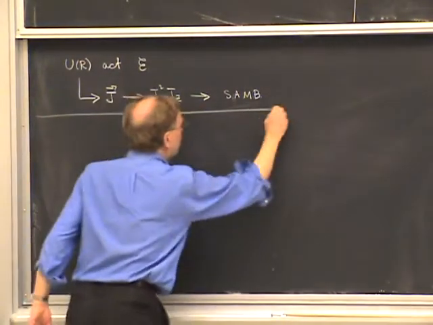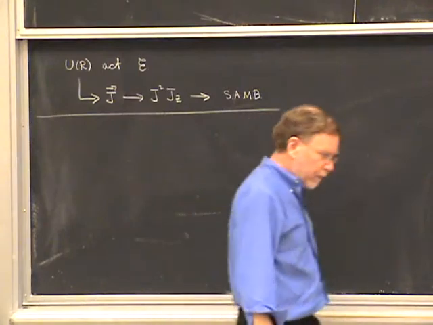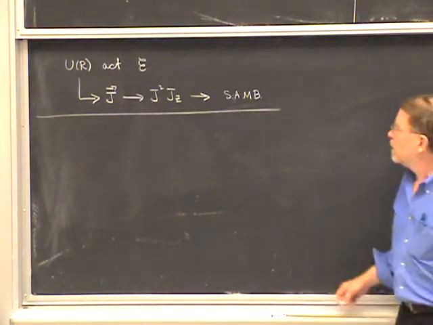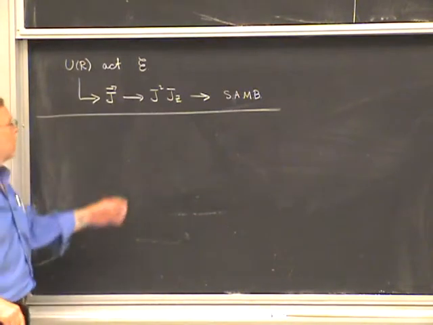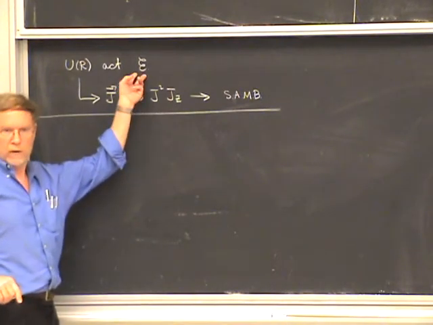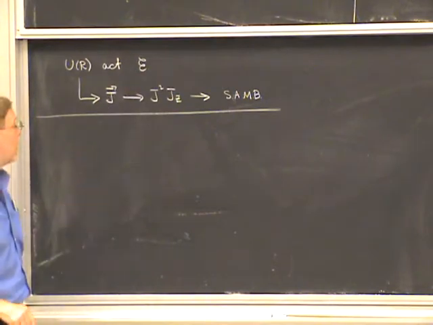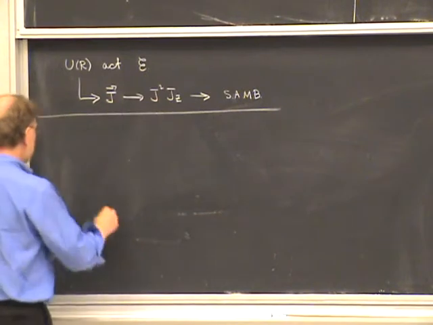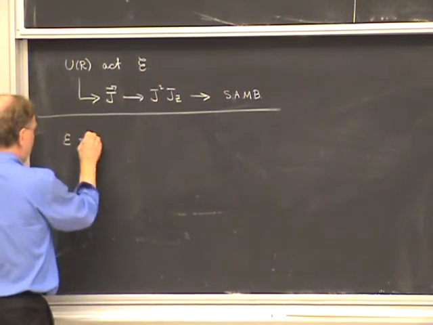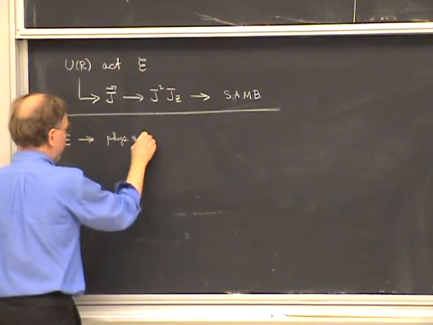Now, this general program can actually be applied to any vector space upon which the rotations act. It does not have to be a space of wave functions, that's to say a Ket space. There are actually interesting possibilities. Another possibility, instead of a Ket space, is to replace E by ordinary physical space, ordinary three-dimensional space.